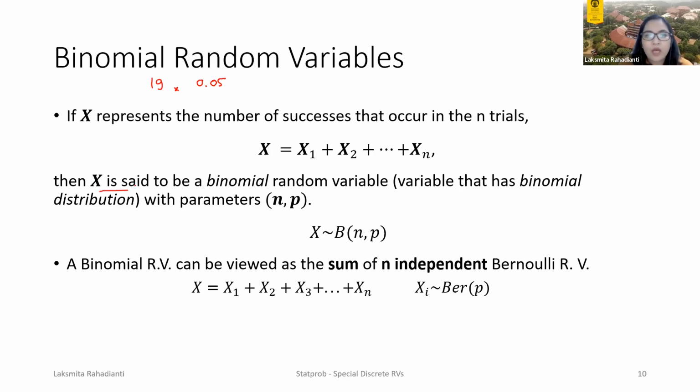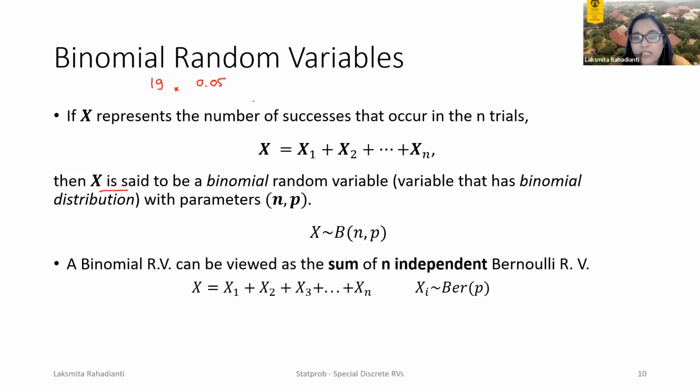So then if I now want to compute the number of successes in my 19 trials, how many times do I get a yes from this class? Then I can say that this will follow a binomial random variable distribution with n trials and p probability.